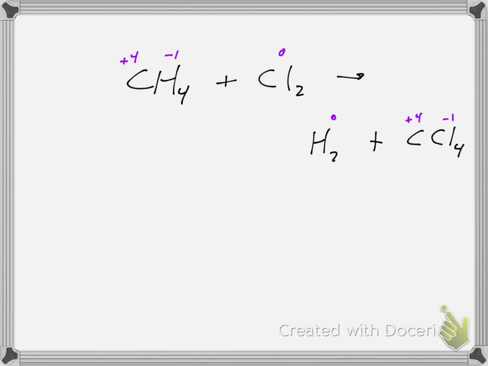For example, if I asked which reactant was oxidized in this reaction, you would say CH4, methane, right? In other words, the hydrogen element was the element that was oxidized, but in terms of the reactant, you start off with CH4, so CH4 is the reactant that was oxidized.